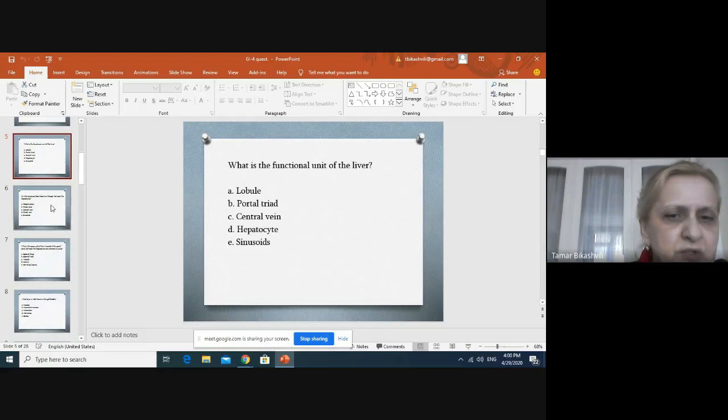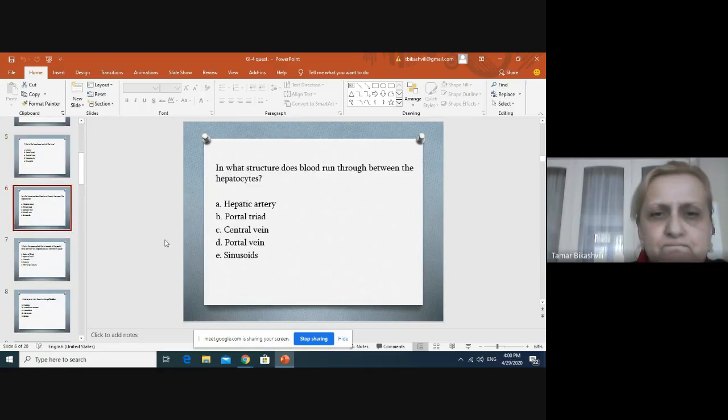Next question. In what structure does blood run through between the hepatocytes?